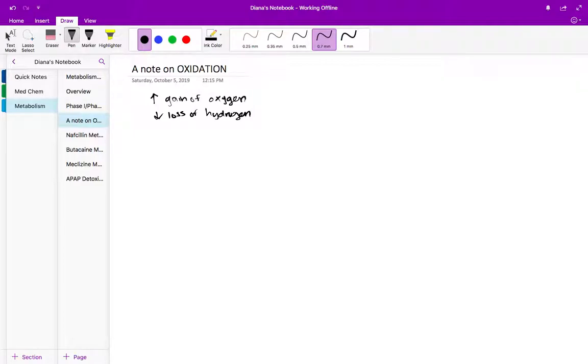To understand that, we can look at three simple structures: an alcohol, an aldehyde, and a carboxylic acid. Looking at all of these reactions, an alcohol has the lowest oxidation state out of all three of these.